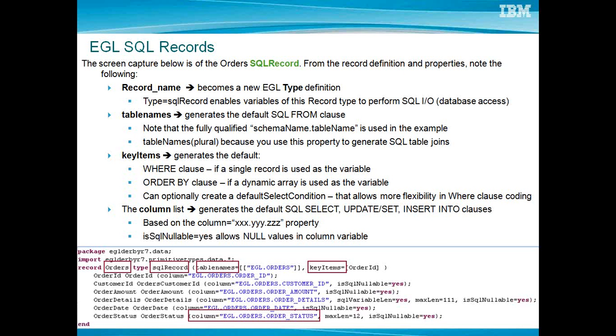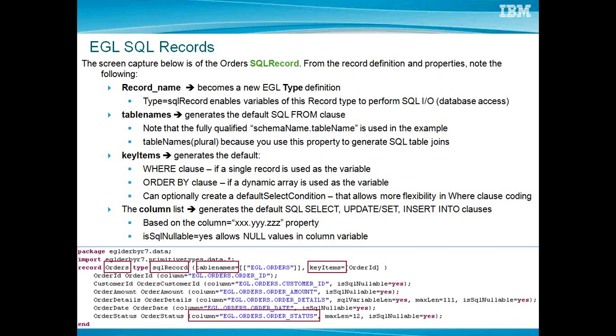So the order ID will behave as the key item. It will be used by default in the where clause, or it will be used by default in the order by clause. And it will be used, for example, when you are fetching a single record, based on what? Based on this order ID. Okay. Then we have the column list that is available within this orders table.